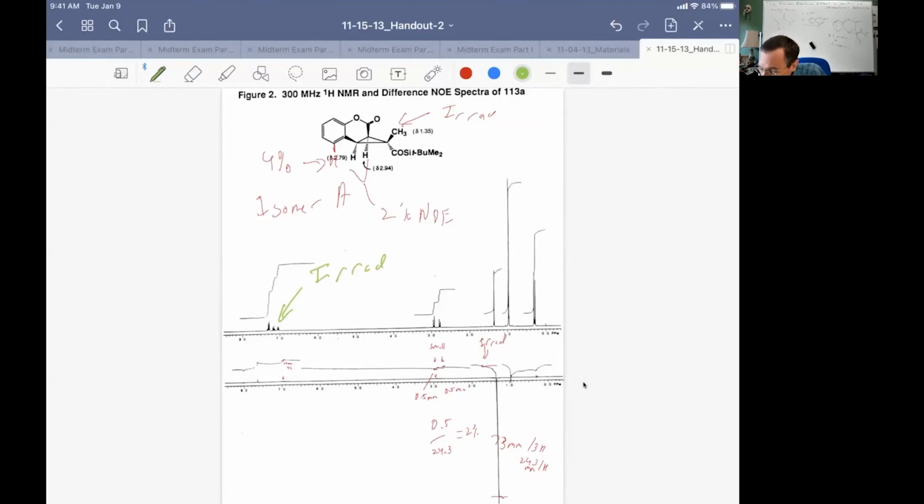And maybe for the heck of it, maybe I should also try yet another experiment where I irradiate these methyl groups on silicon. Because if all I had was that one diastereomer, I would want multiple pieces of data helping to guide me into which stereoisomer is which.